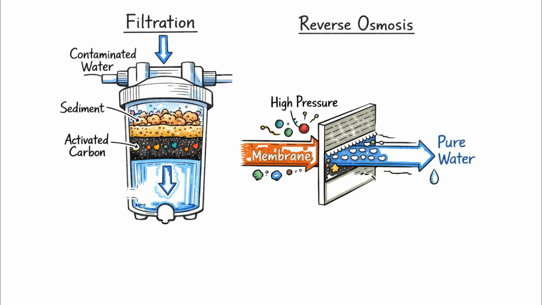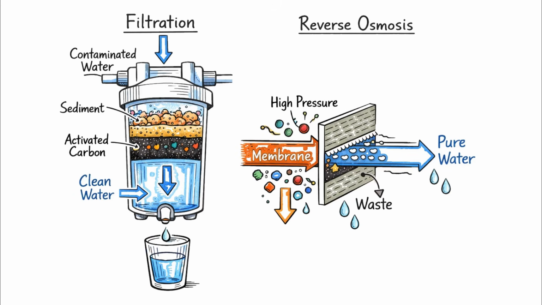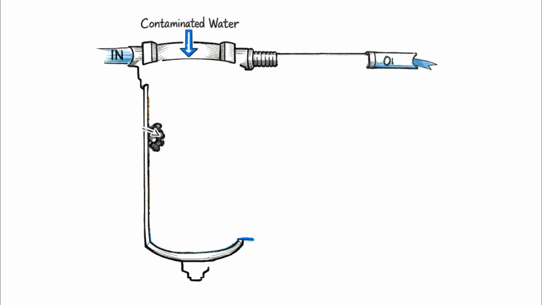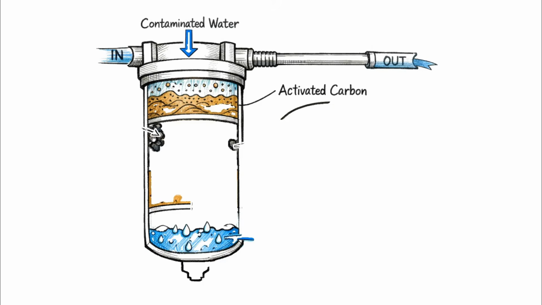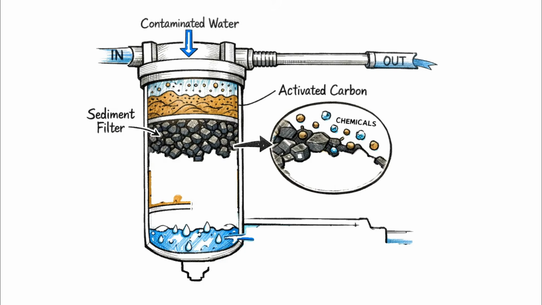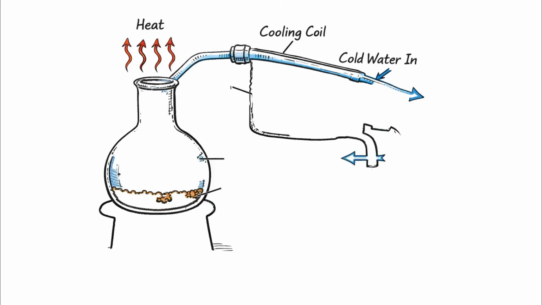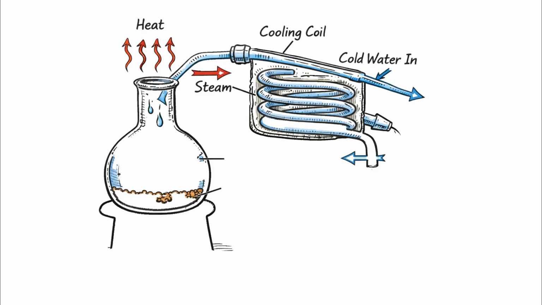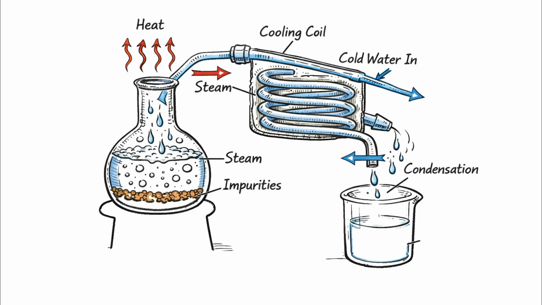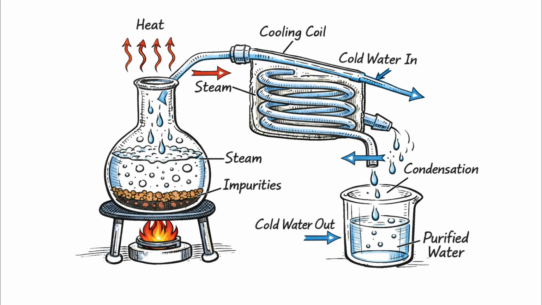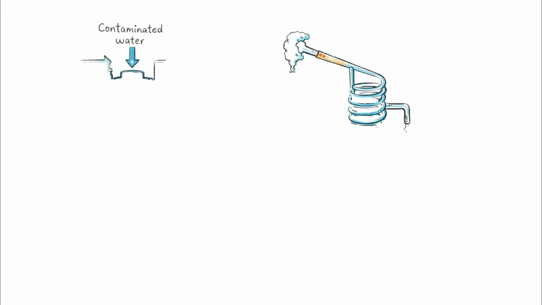Another incredibly reliable method is distillation, where water is boiled and the resulting steam is collected and condensed, leaving all non-volatile chemical impurities behind. These advanced methods ensure that harmful chemicals are physically separated from the water, providing a truly safe and potable source for your consumption. Investing in the proper tools and knowledge is therefore not just a matter of convenience, but a critical component of genuine survival preparedness.